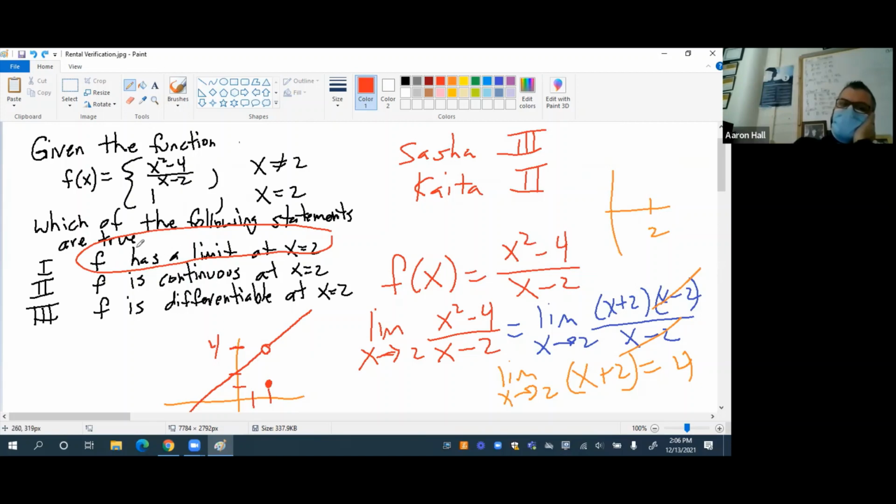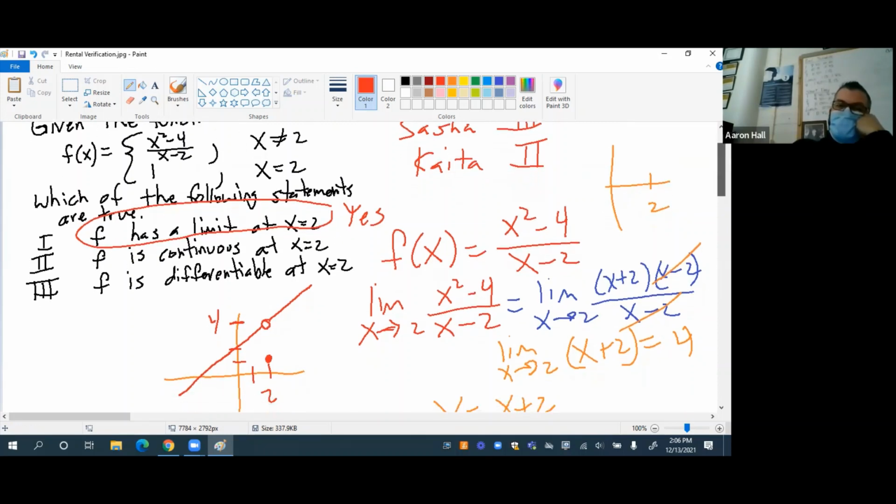Does our function have a limit when x is 2? Yeah, I agree with you. We'll say yes. All right. What about, is f continuous when x is 2? No. What if, when f of x equals 1, instead it was when f of x equals 4, at an x value of 2?